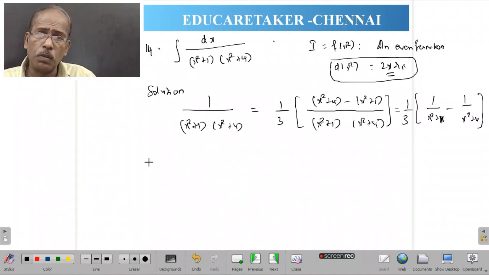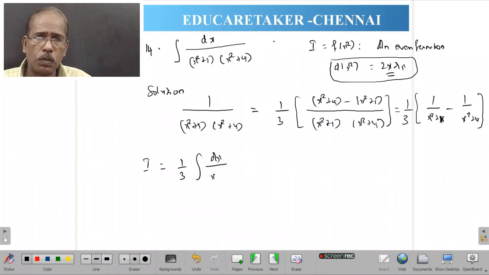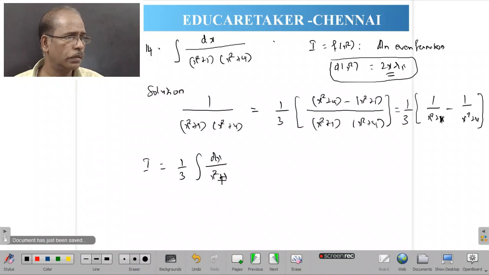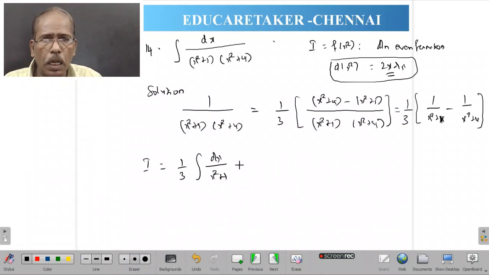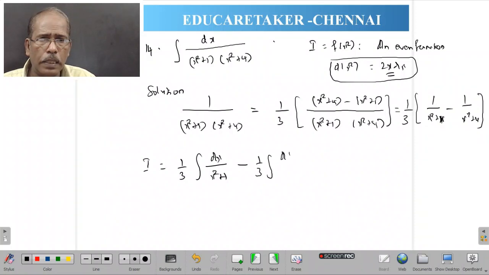Now we can go to integration straight away. Integral of 1 by 3, integral of dx by x square plus 1, minus the second term again 1 by 3, integral of dx by x square plus 4. It's a direct formula, 1 by a tan inverse of x by a.